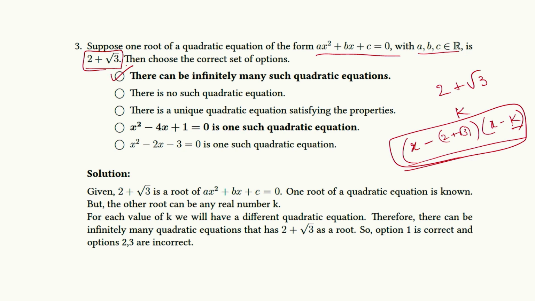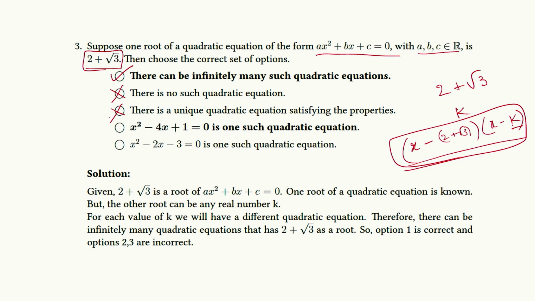So once option 1 is correct, option 2 says that there is no such quadratic equation. This is false. Just now we have seen that there can be infinitely many such quadratic equations. And the next option says that there is a unique quadratic equation satisfying the property. This is also false.